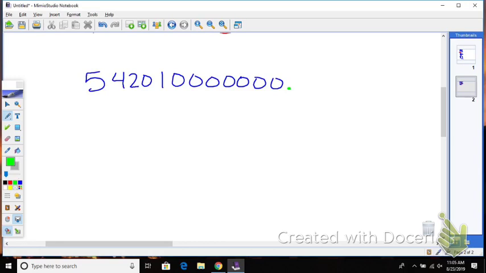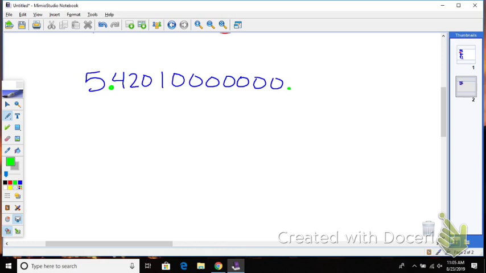If you move it between the 4 and the 2, now you have 54, which is bigger than 10. If you move it in front of 5, now you have 0.5, which is less than 1. So there's only one spot that you can move it to make this first number between 1 and 10.